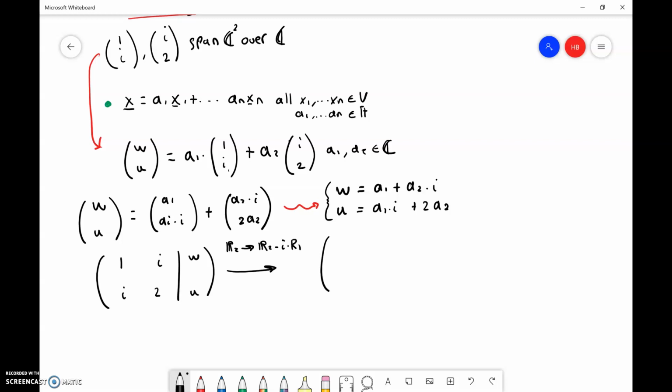The first row will stay the same. We get 0 here, and then we have 2 minus i times i. Well, i squared is minus 1, so that's 2 minus minus 1, so that's 2 plus 1, which is 3. So I'm going to put 3 here.